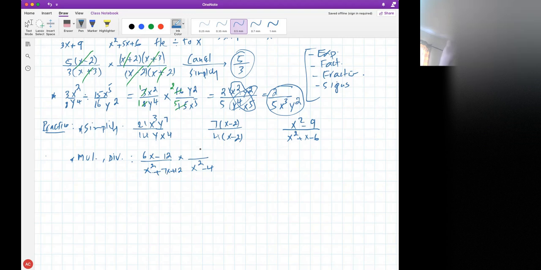Maybe another trinomial over here. Let's say x^2 plus 5x plus 6. Okay, so multiply all that. And maybe a division.